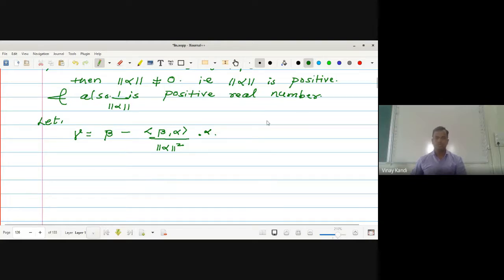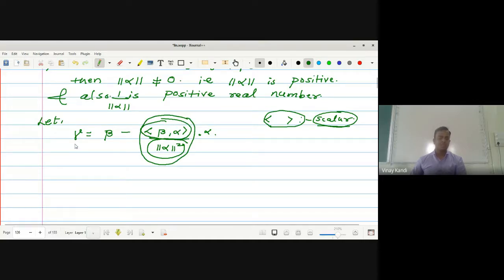We know that the output of an inner product is a scalar, a field number, so this is a constant. The norm of alpha is the length of a vector, a scalar, so this is again a constant. So this whole quantity is a constant. So gamma is equal to beta minus constant into alpha.